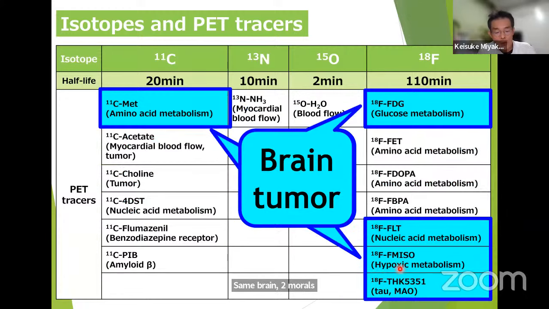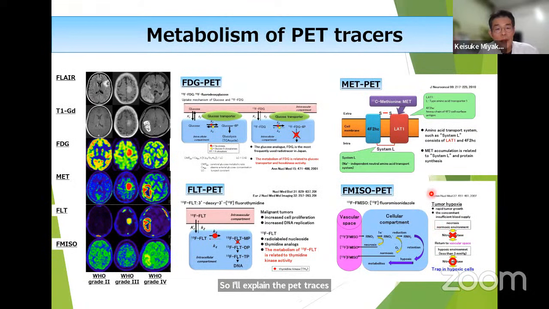In our institute, we usually use 5 PET tracers for diagnosing CNS tumors. So I'll explain the PET tracers. FDG is a glucose analog PET tracer, and is the most frequently used radiotracer in Japan. The metabolism of FDG is related to glucose transporter and hexokinase activities.